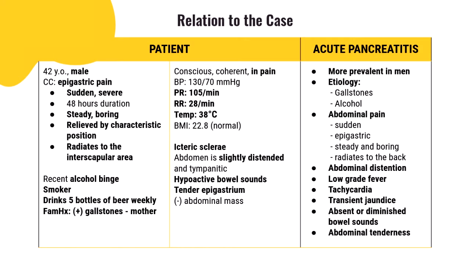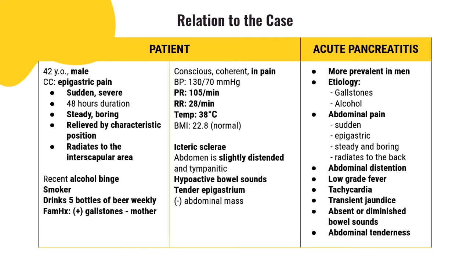So we consider the case related to acute pancreatitis because of the characteristic pain that the patient presents, which is a sudden severe epigastric pain, which is steady and boring in character. It is relieved by a characteristic position, which is the knee chest position, and it radiates to the interscapular area.